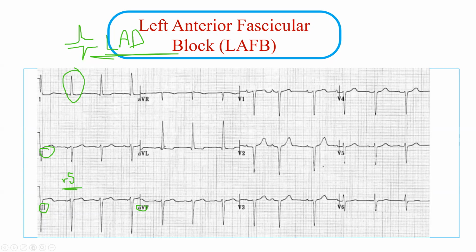We will see a small q with a large R, so it's small q capital R, okay? And if we look at the QRS complex duration, it's almost 3 small squares, maybe 2.5 small squares. So it's not enlarged, it's not prolonged, right? So this patient is having a left anterior fascicular block.